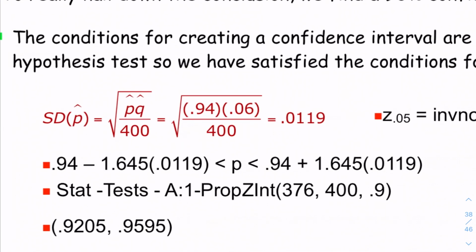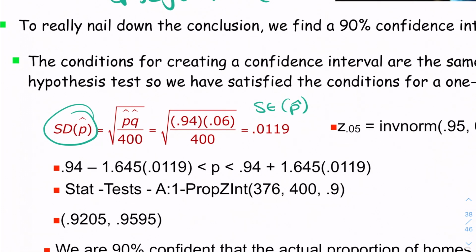So again, we need to find a new standard error because this time we're looking at p hat as our middle, not our null hypothesis because we rejected it. So we're going to do 0.94 times 0.06 over 400, take the square root. Then we get our standard error for our sample proportion. Now, because we're doing a 90% confidence interval, I want to get my critical value, or my z star.